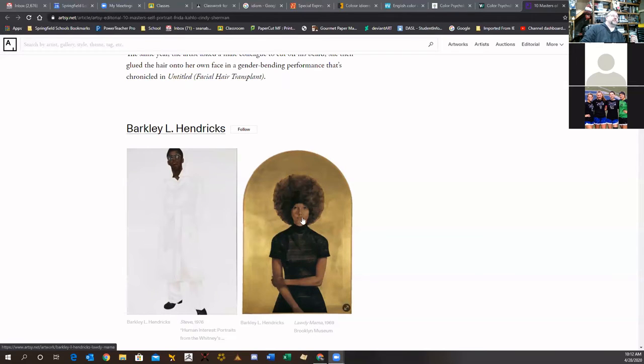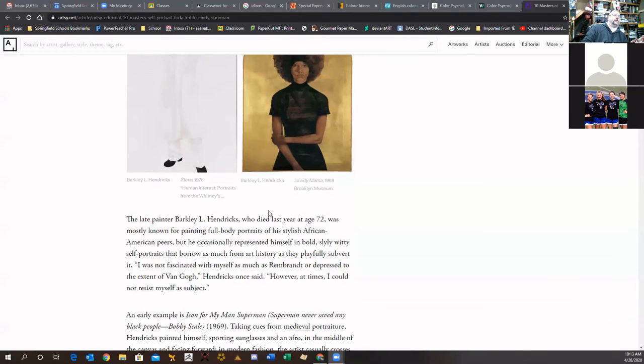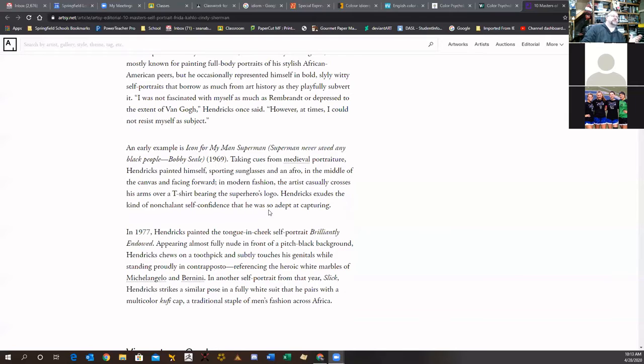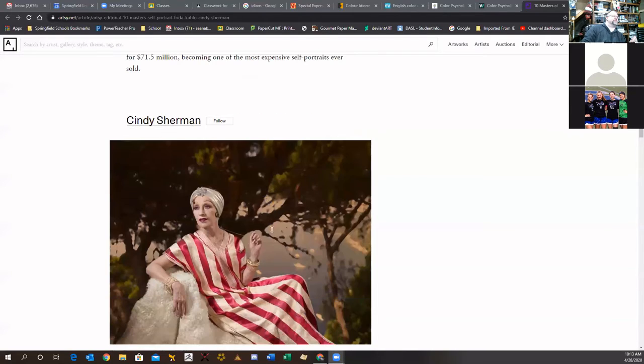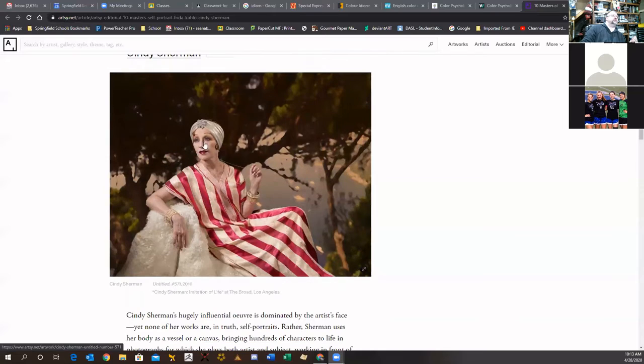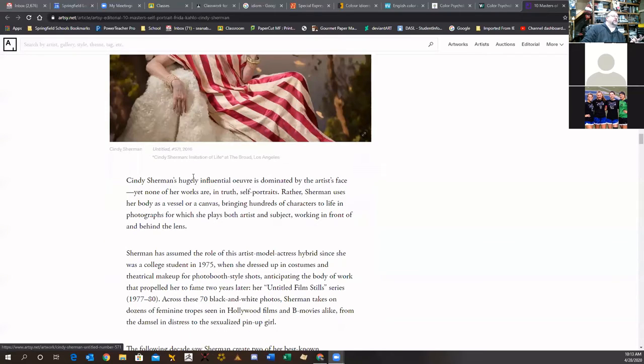Even though her face is pretty stoic and his face is pretty stoic, we still get an expression of what's happening around them. Candy Wilder is great at doing this as well. For a more contemporary artist, we talked about Van Gogh, Cindy Sherman, with these nice little ones that come through here.